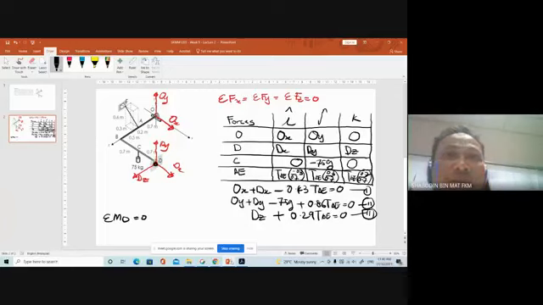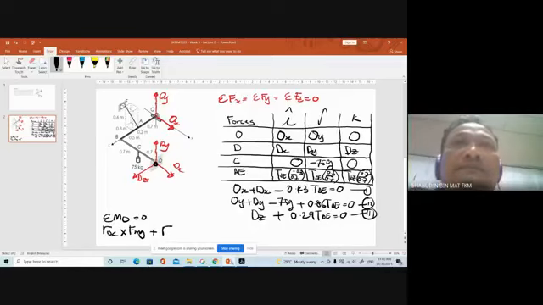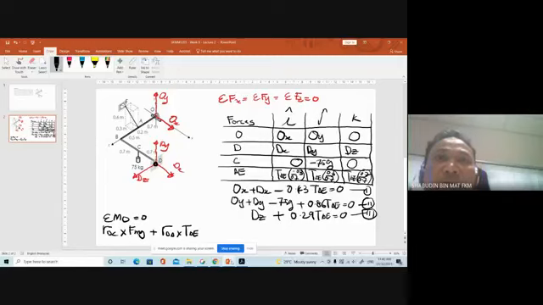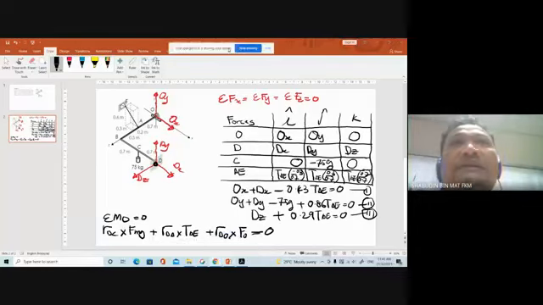Sitting at point D, it means R from D to C cross product by force mg, plus R from D to A cross product by TAE, plus R from D to O cross product by F at O. Everything goes to 0. Are you absolutely clear on how I do moment? Tell me if you don't.